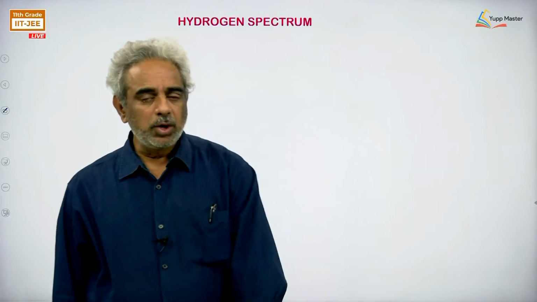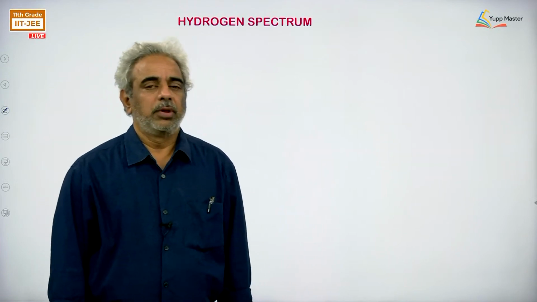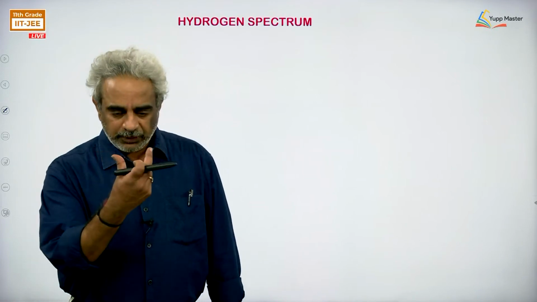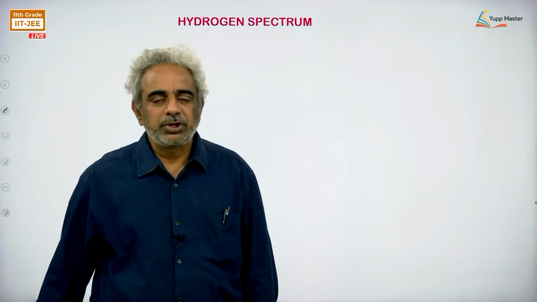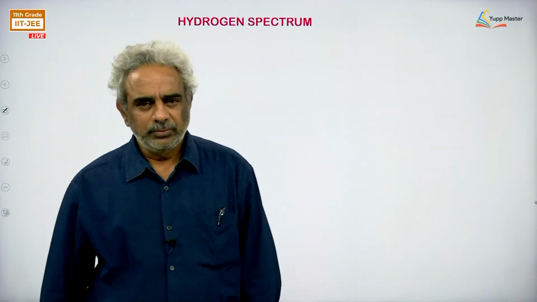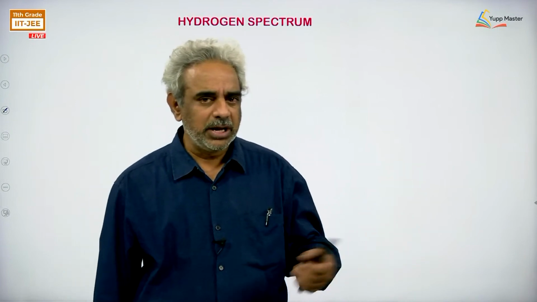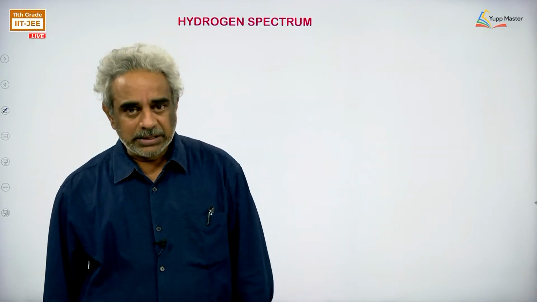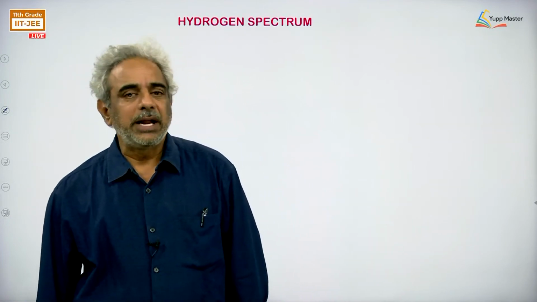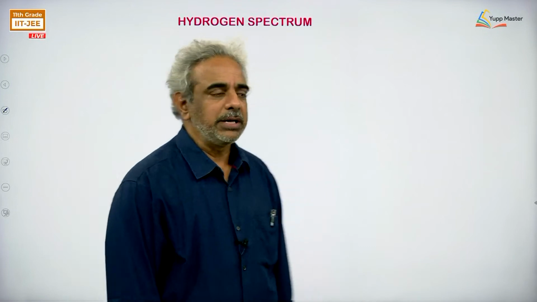I have been telling you one thing right from the beginning. Be aware that between successive orbits, first to second, second to third, third to fourth, the physical distance increases. The distance between 2 and 3 is larger than 1 and 2, whereas the energy gap between 1 and 2 is larger than 2 and 3, which is larger than 3 and 4.